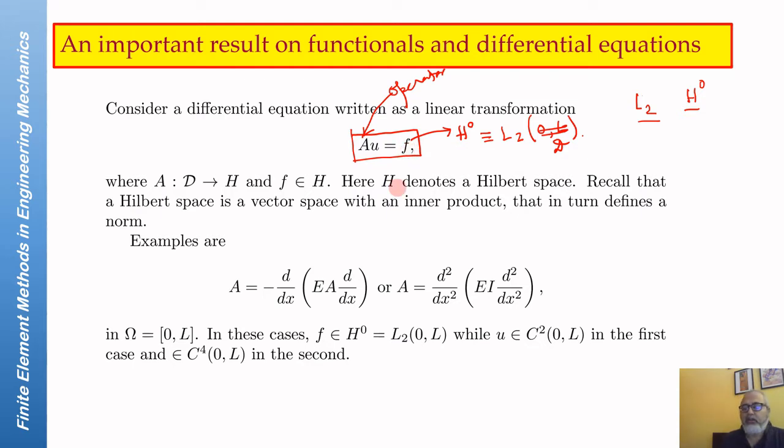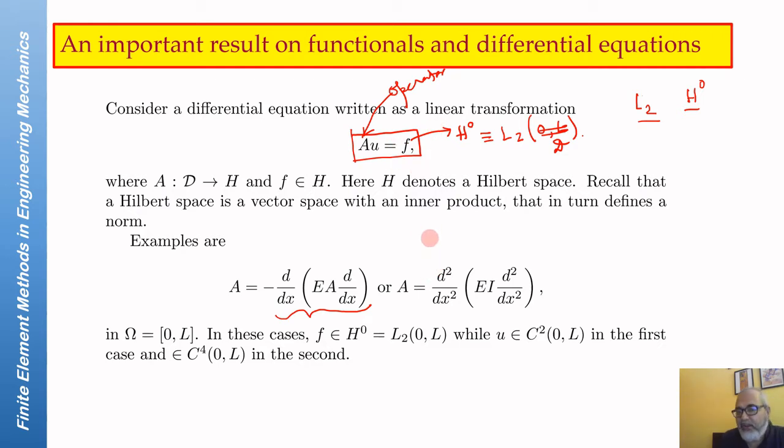So now there are several examples that we can give. For example, A can be this operator, in which case, for non-trivial solutions of this, you will need to have at least two derivatives of u continuous if f is a continuous function. A can be this, in which case you need four derivatives of u to be continuous if f has to be continuous.